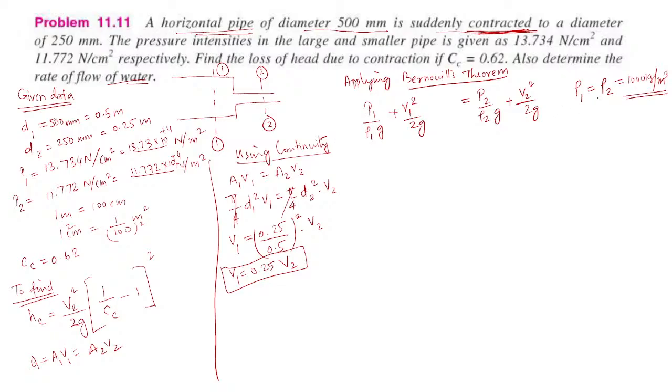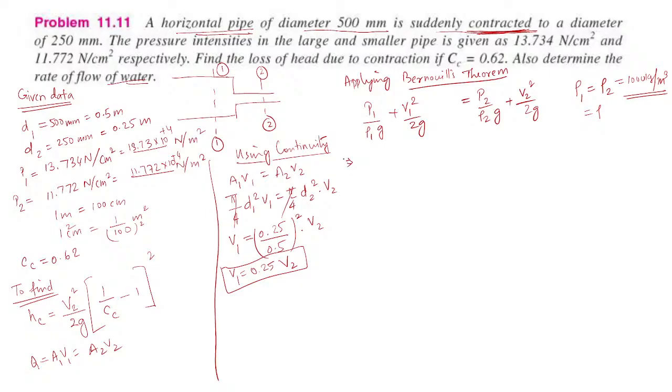So rho 1 equals rho 2 equals rho, which is fixed. Fine. Now the P1 value is given here, rho value is 1000, G is 9.81. V1 and V2 we don't have, but yes, we have some relation between them. So let's see how we can proceed further and what finally we obtain.